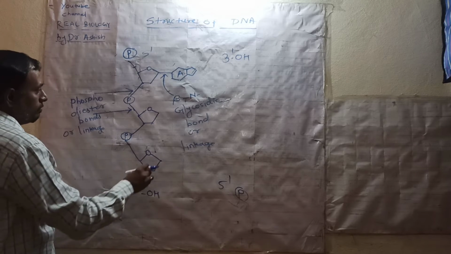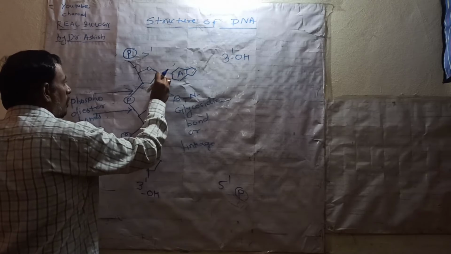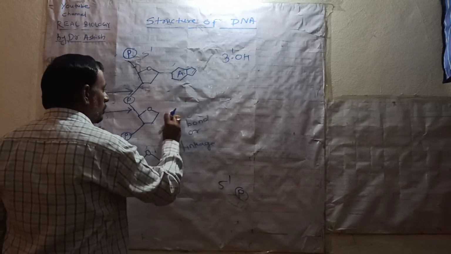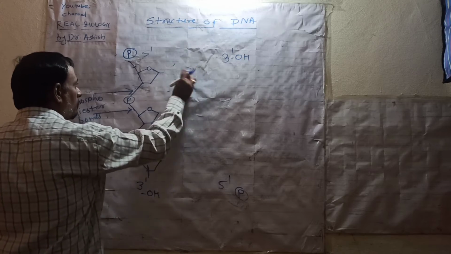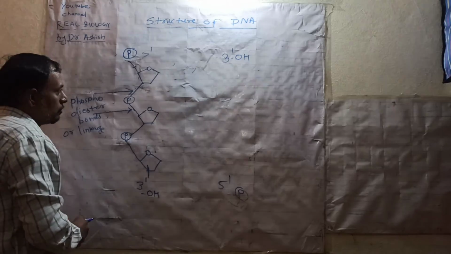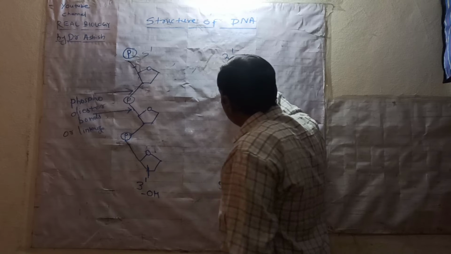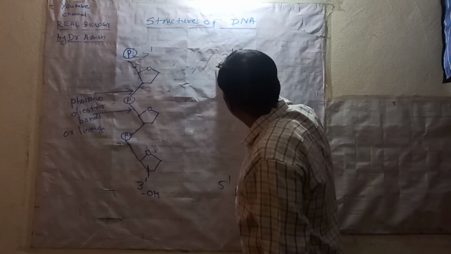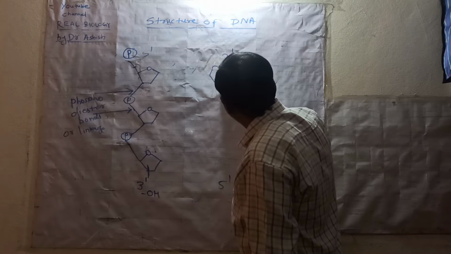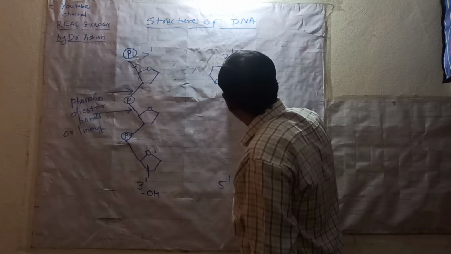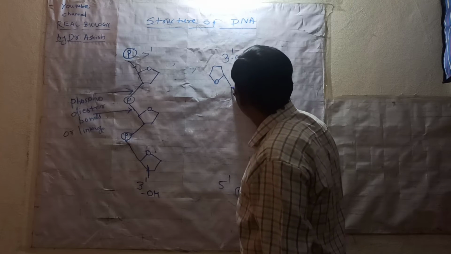Now let's see how the bases of one strand are joined with another. Because both strands run in opposite directions, let's see how to show it. Here the sugar must be shown opposite like this. The O is on the downside.